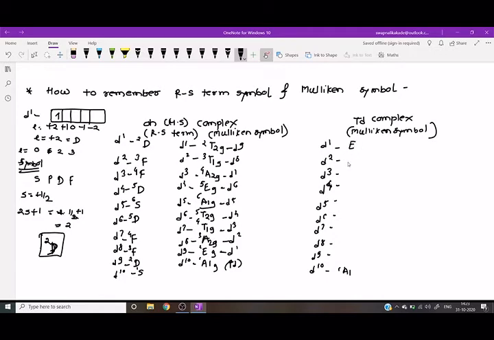E, A2, T1, T2, A1, or write T2, T1, A2, E, A1, T2, T1, A2, E, A1. The Mulliken symbol is the same, and the spin multiplicity is 2, 3, 4, 5, 6, 5, 4, 3, 2.